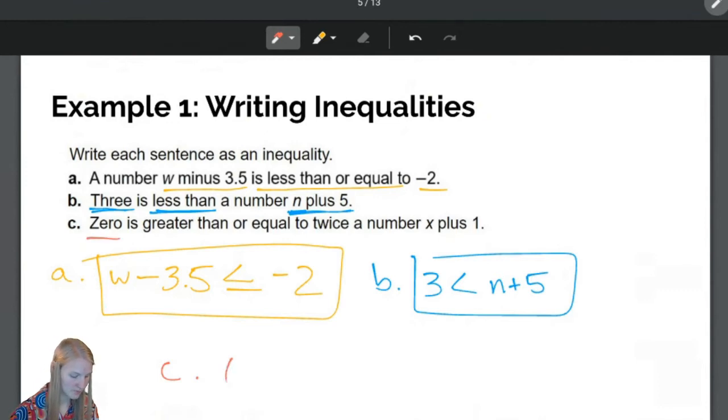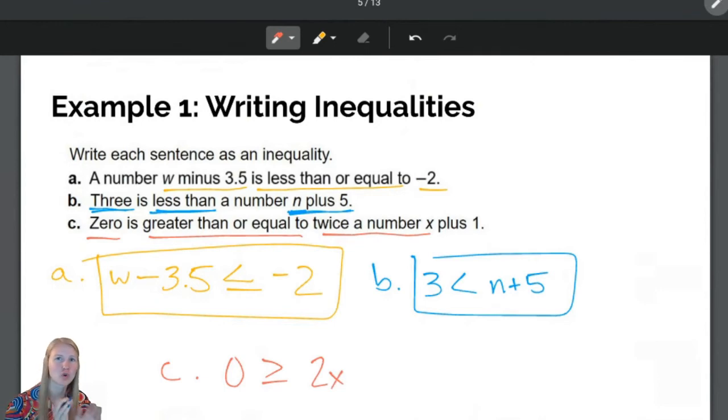0 is greater than or equal to twice a number x. So if I'm doing something twice, I'm doing it 2 times. So we're going to have 2 times x, twice a number x, plus 1.